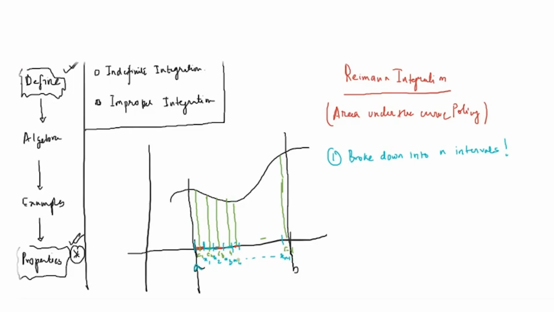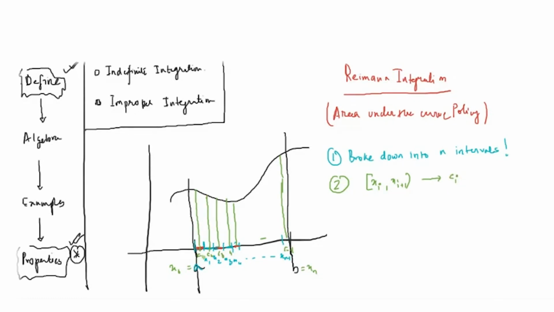They took this height, and what they did is, for each xi, let's call this A as x0 and B as xn. For this xi and xi plus 1, between them, they took ci.